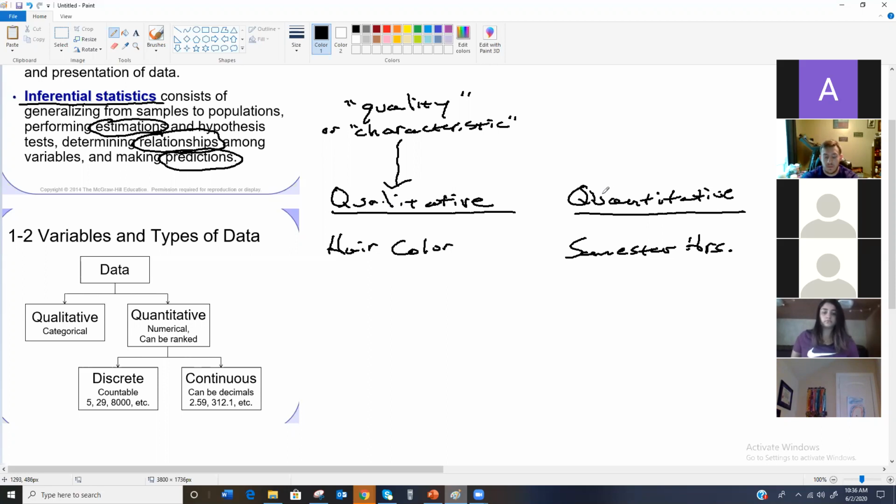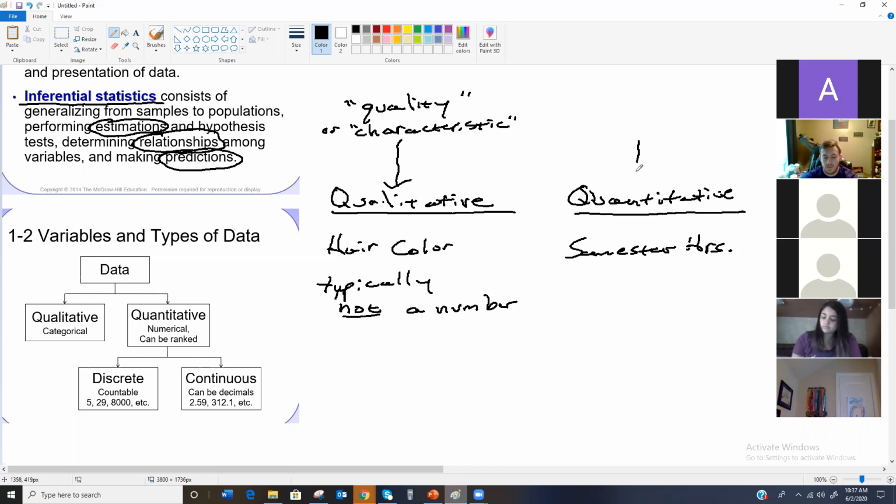If I talk about how tall the flowers are or how many grow within a certain square foot or square yard, now I'm talking about a quantity. So a quality is just a characteristic. It's usually just a category. It's typically not a number. We'll talk, there's a couple weird types of numbers that can be qualitative, but it's typically not a number.